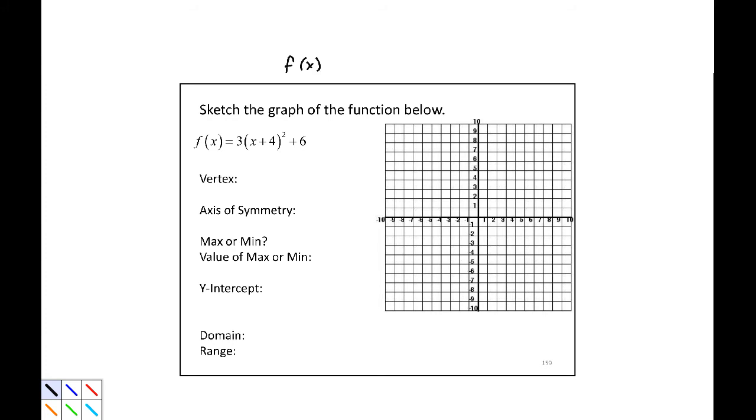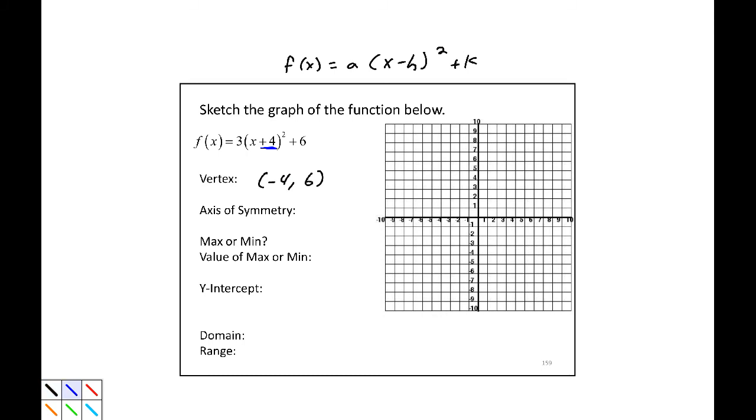Again, we want to look at our vertex form, a times (x minus h) squared plus k. Now, because we have here a +4, if you think back to transformations, that means you go to the left 4. That would be negative. So our vertex is (-4, 6). It's the opposite of what occurs in the parentheses, because that form does have a minus sign already.